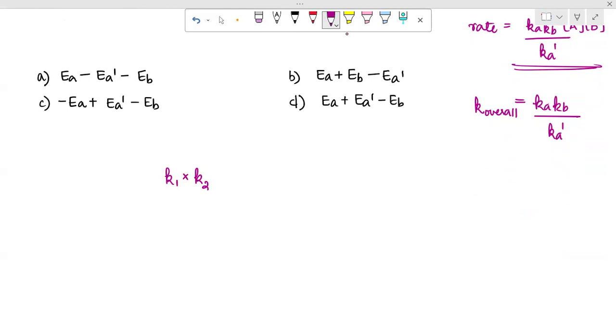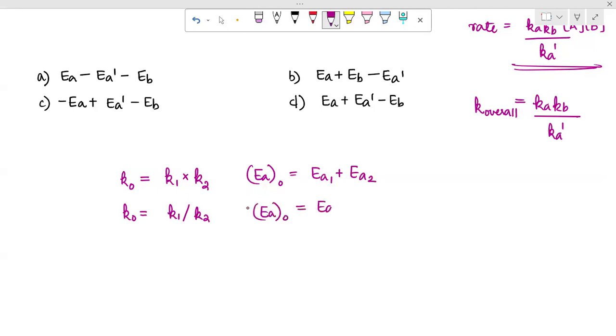If you have the overall rate constant as K1 into K2, let's say this is K overall, your overall activation energy will be equal to, if you have product of the rate constants, it will appear as sum of the activation energies. Now, if your overall rate constant is K1 divided by K2, your overall activation energy is going to be EA1 minus EA2. So do you understand? If it is divided by, it will appear as minus in the activation energy. If it is multiplication in the rate constants, it will appear as addition in the activation energy.